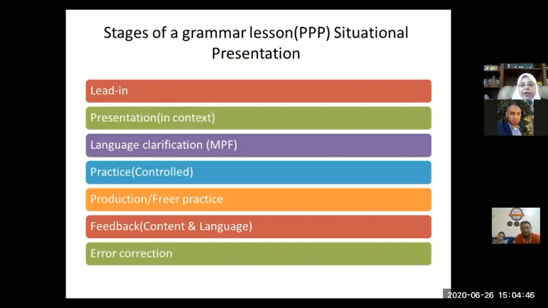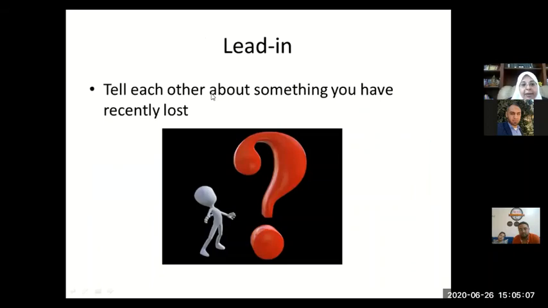And then we go to error correction, where we could write some sentences on the board from their mistakes, of course. Maybe 3 of them are incorrect and 2 are correct, and ask them, what do you think? Maybe work in pairs and tell me which is correct and which is incorrect, and then I give them the correct answer.